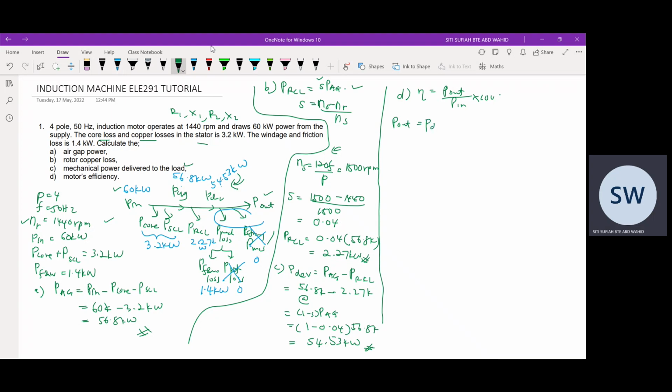P out equals P developed minus friction and windage, left only that because the other two are 0. So you will have 54.53K minus 1.4K, that is 53.13 kilowatt, and then you can calculate the efficiency. Over 60K times 100, you will get 88.56. Okay, that's all for question 1.